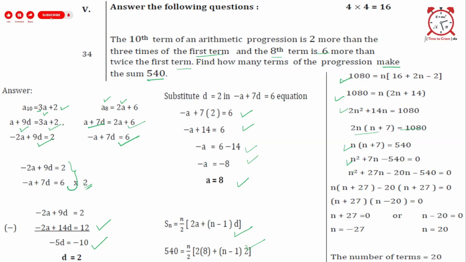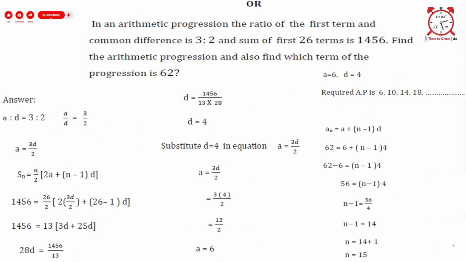As in the previous sum we discussed, we use the factorization method, split the middle term, and we get two parts in that way. So our answer is n equal to minus 27 and n equal to 20. A negative number is not possible for the number of terms, so we write the positive number, n equal to 20. Okay students, let's go for the next sum.